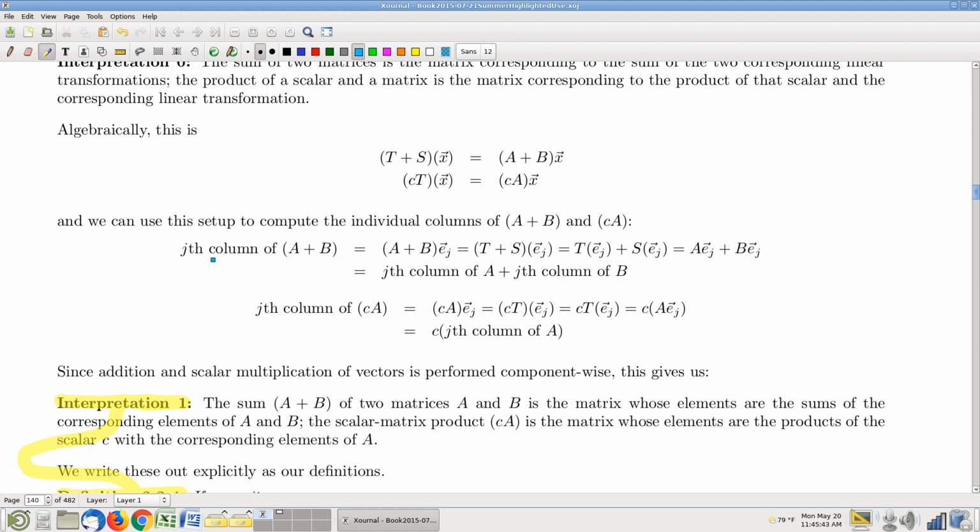I'm going to do it one column at a time. The columns are the images of the standard basis vectors. That's our rule, right? That's our convention for what it means to talk about a matrix. We just got through agreeing that adding two linear transformations had better be adding the output values. That's how you add functions. Always has been.